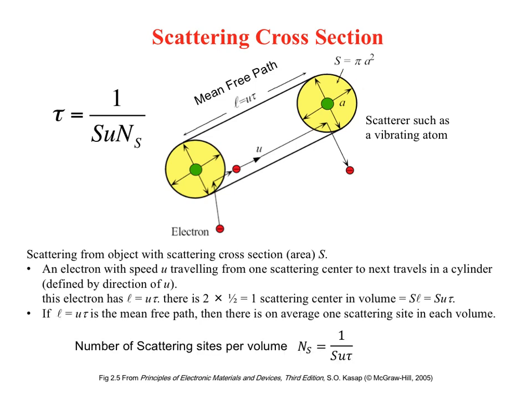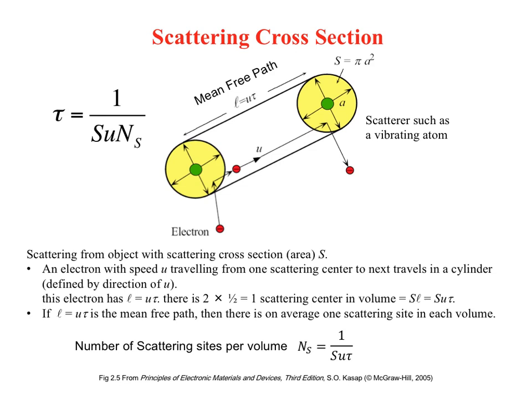So if the average electron has a mean free path of L, then it traveled through a volume equal to L times S, the scattering cross-sectional area. That volume can also be written as S times u times tau. The number of scattering sites per volume, n sub s, can now be derived from the mean free path of this average electron.